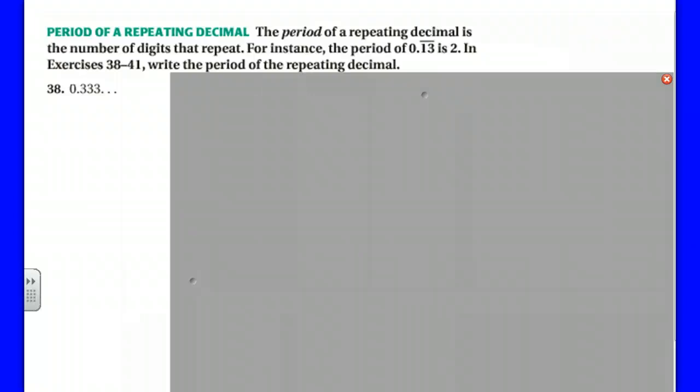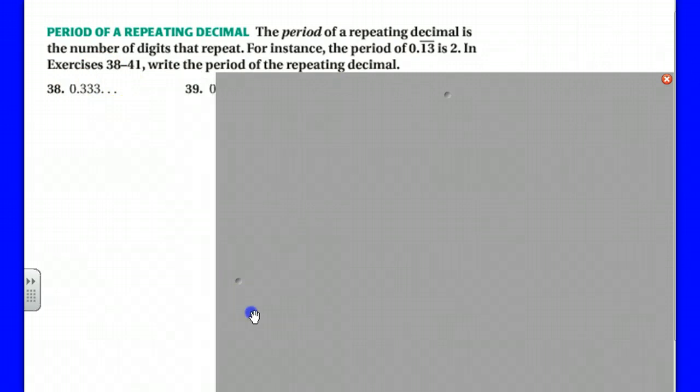So we would say that the period of that is 2. That's how many digits are repeating. So what would the period of this number be? Can you see? This 0.333 has not been written with a line over the top, so you have to figure out how many digits are repeating. It's 1, right? So the period of this number is 1.